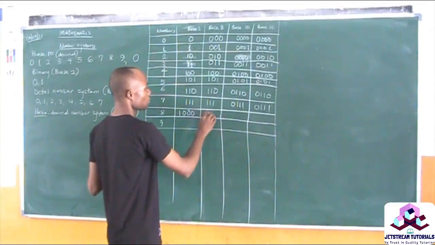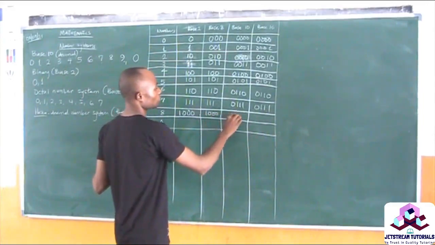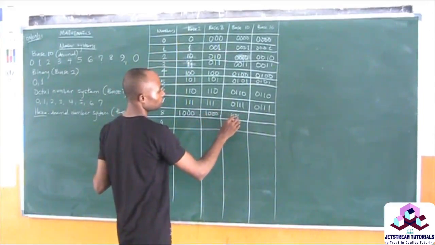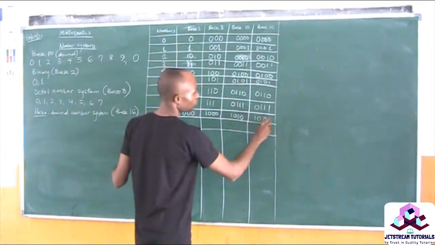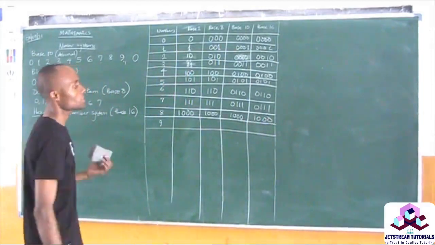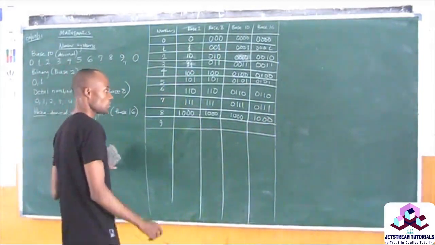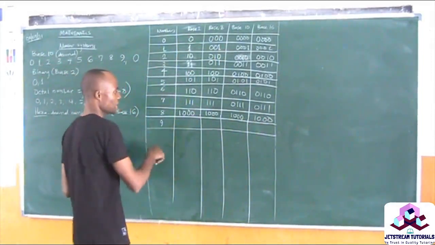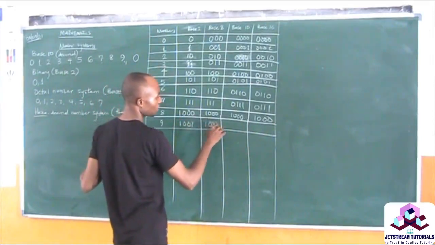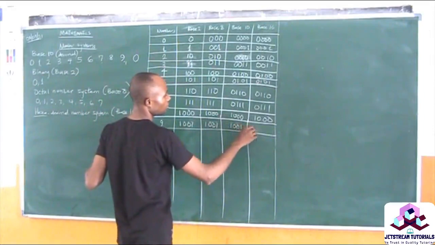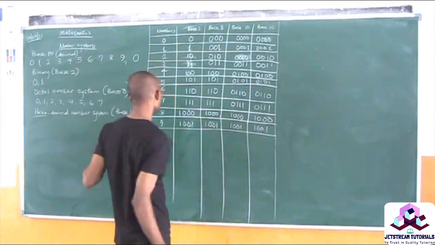So the same thing goes here. 1000. Affects everything. That's now changed. We have the 4-digit number. Add 1 again to the last bit. 1001, 1001, 1001, 1001. All through.